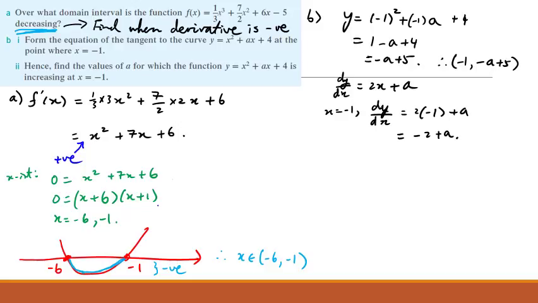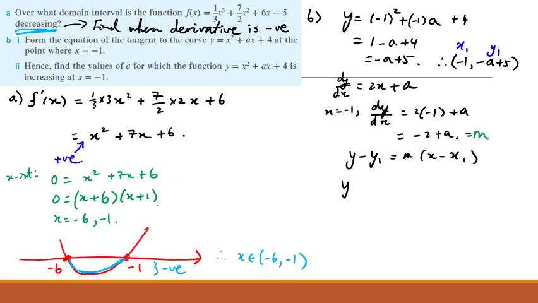Maybe I should write that at the start, so then you know. y minus y1 equals m times x minus x1. So here's x1, y1. Here's our m. Using different colors, as I used before, that would help.